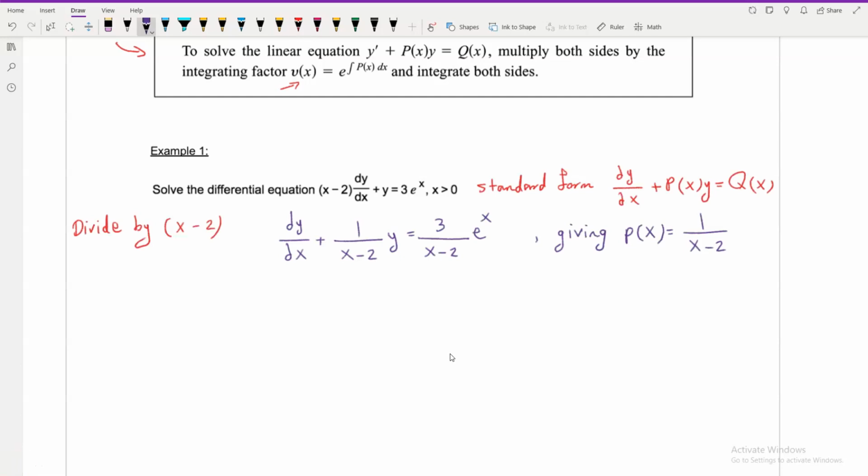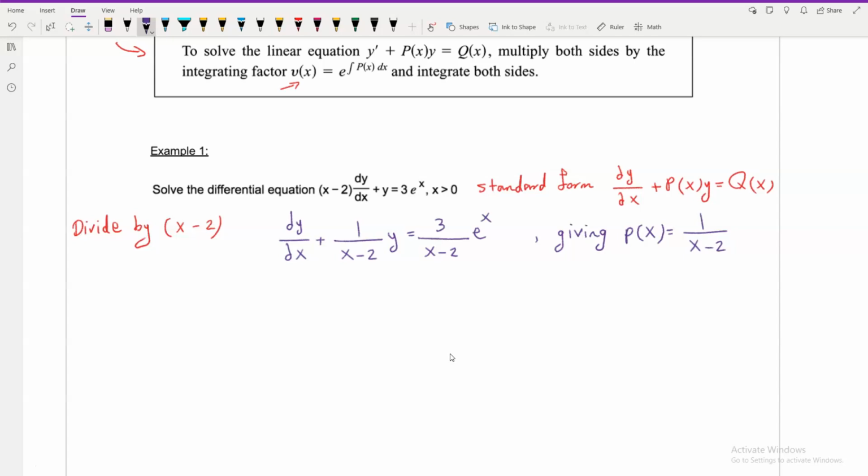To solve the linear equation dy/dx + p(x)y = q(x), we have to multiply both sides of the equation by the integrating factor e^(integral of p(x) dx), and then integrate both sides. So first we should have what is given in standard form. We have to divide by x - 2.